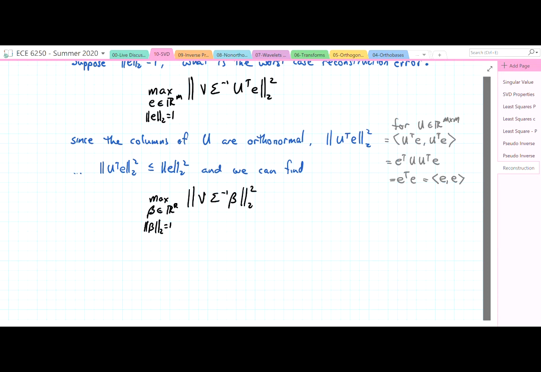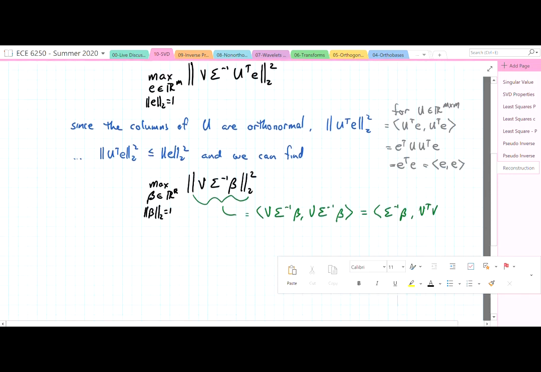And what else do we get? Well, as before, we've got an orthonormal projection going on here. So this is going to look something like V beta, V beta, which is just beta V transpose V. And we know what to do with the V transpose V. We've seen it lots before.